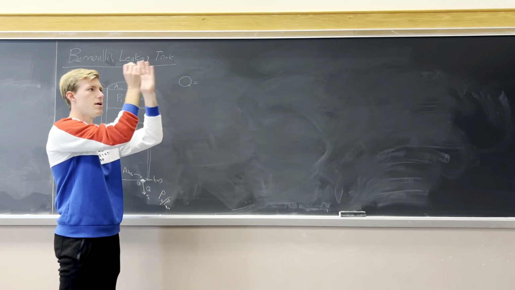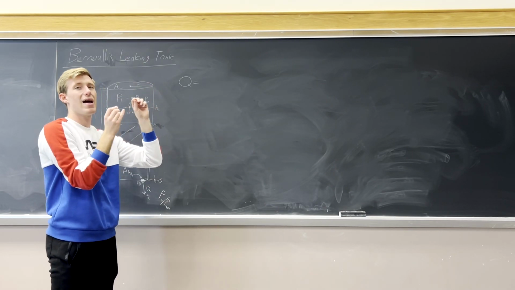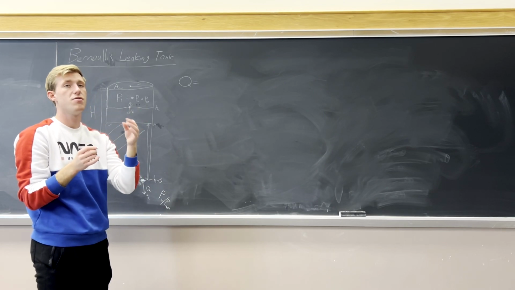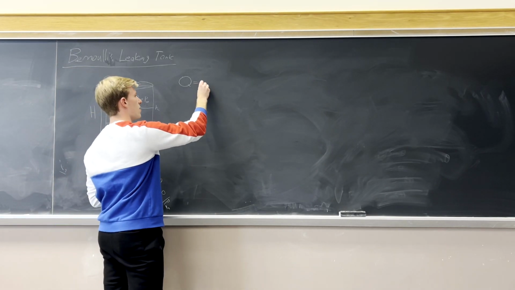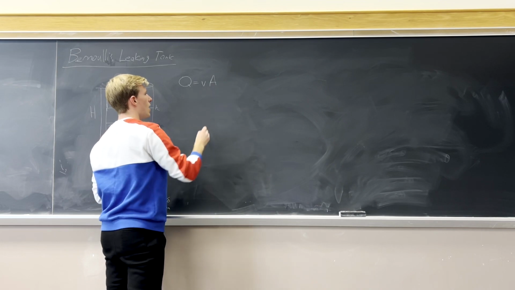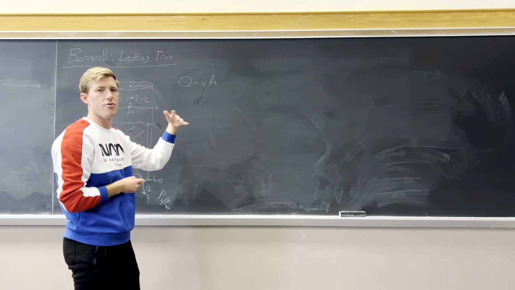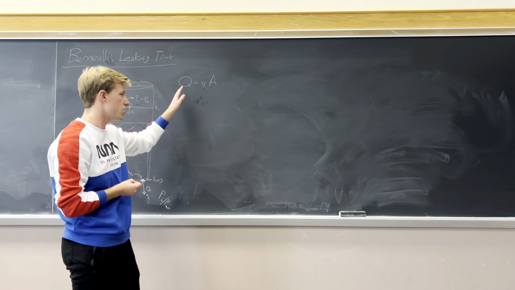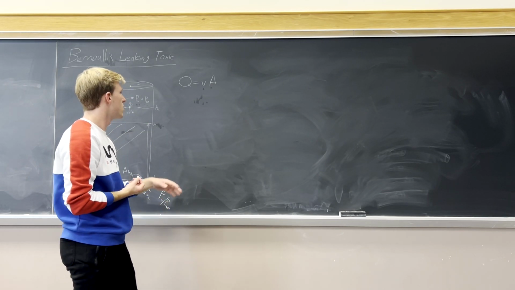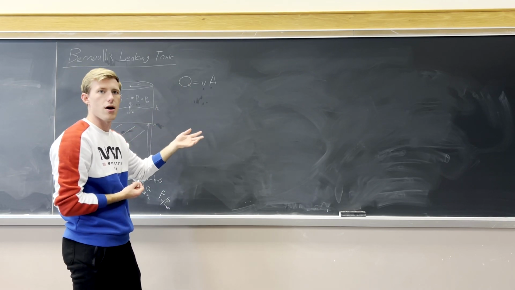If you were to take a pipe, cut a certain cross-section off and figure out how fast the water was moving through that area, obviously the units here are meters per second and the units here are meters squared. Multiply them together, you get meters cubed per second, which is a volumetric flow rate. So this is just the definition of flow.